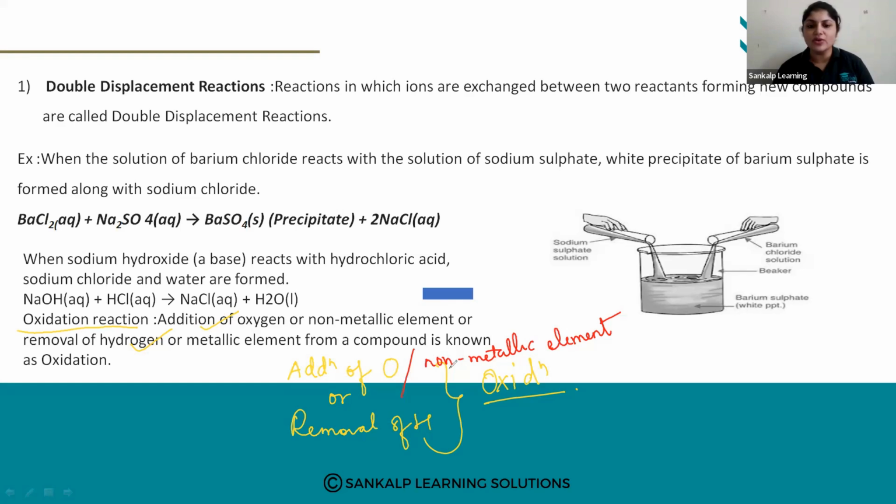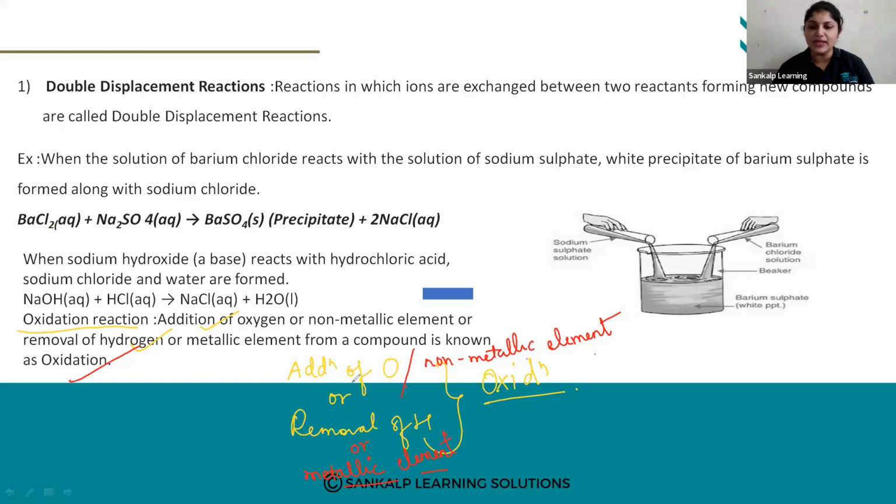So addition of oxygen or addition of non-metallic elements, or removal of hydrogen or removal of metallic elements. Metallic elements are the metals like lithium, sodium, potassium, rubidium. So if you are removing hydrogen or any metallic element, then it is oxidation. Remember, there are four definitions of oxidation.